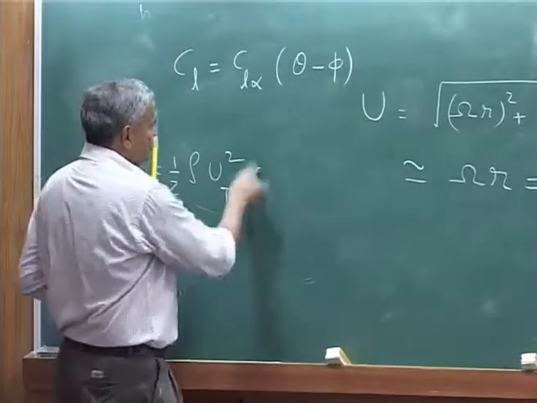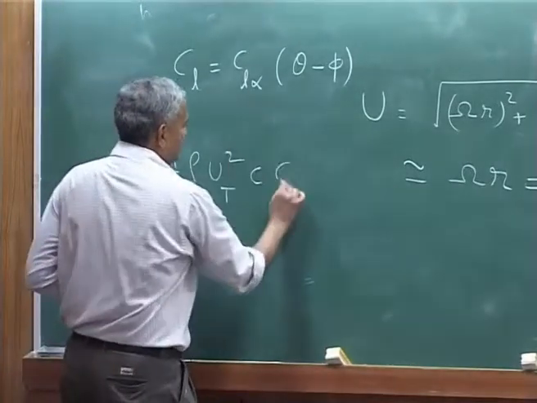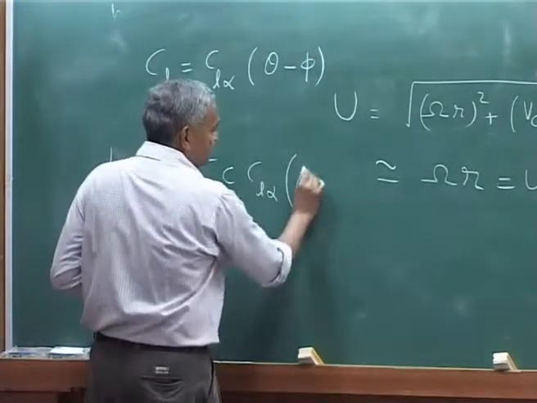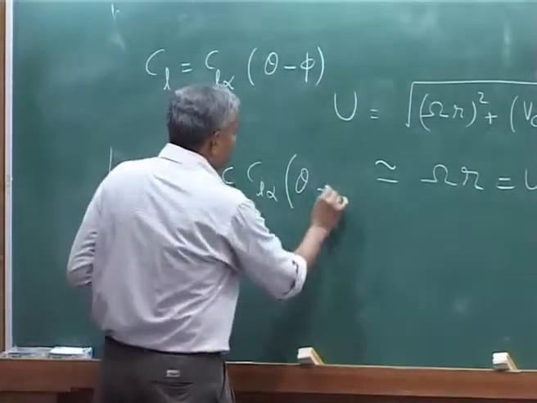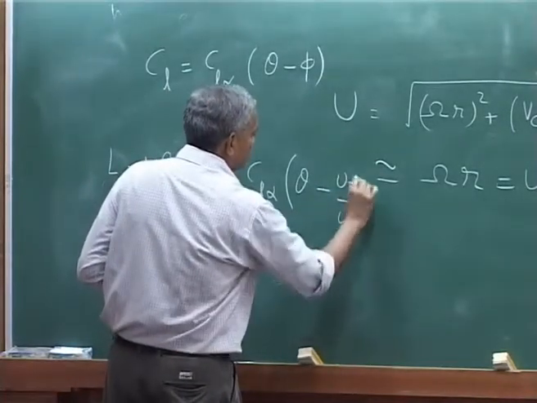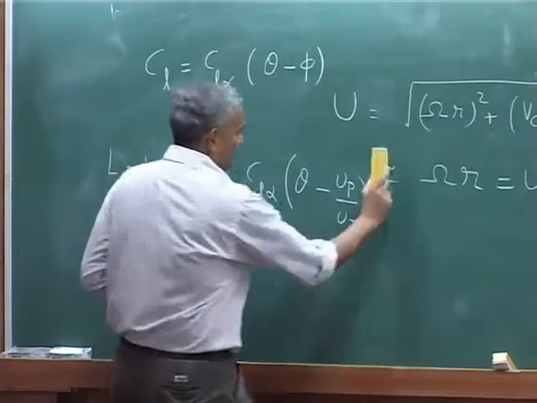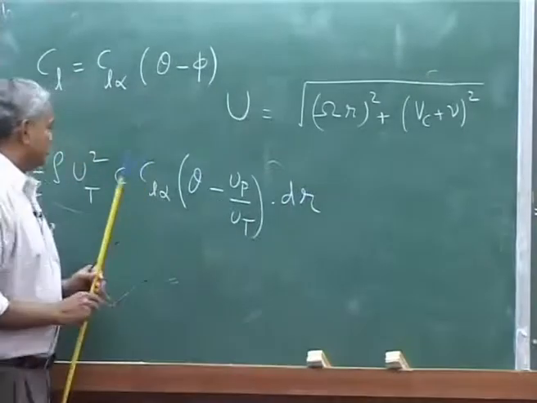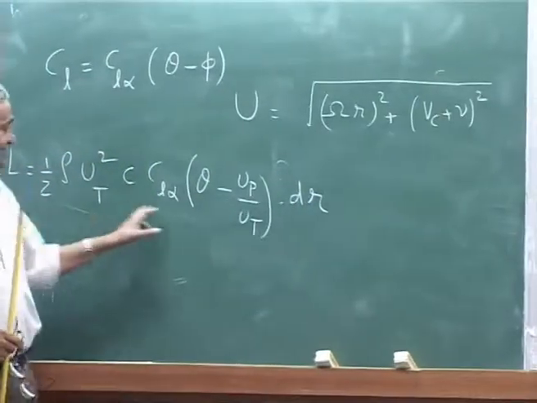Now, if I substitute here this value CL, I will get CL alpha into theta, which is the input, minus phi, which is up over ut, okay, into dr, okay.